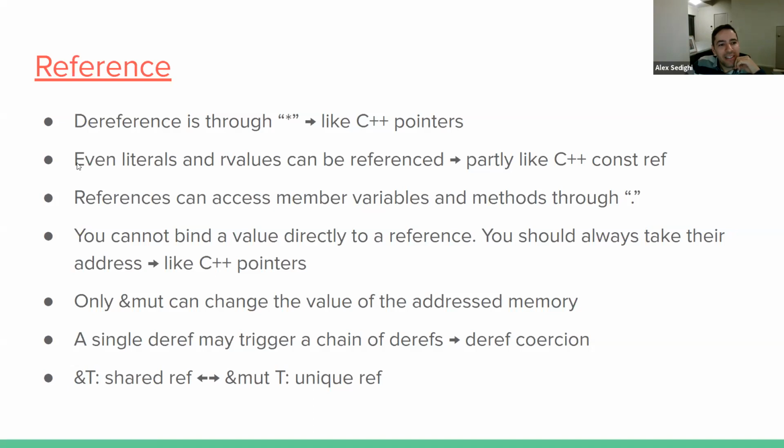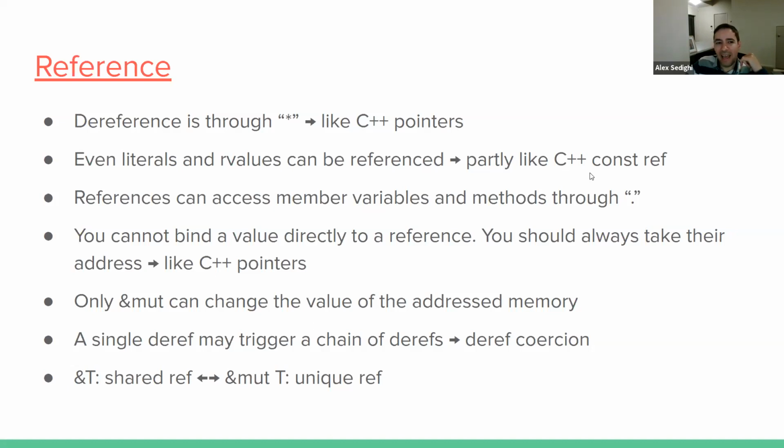And here in Rust, even literals and R values can be referenced, which means they are more similar to a C++ const reference, but they're not const here.